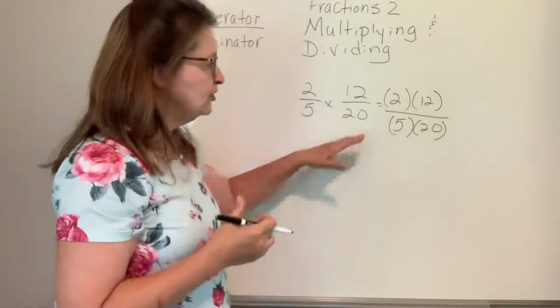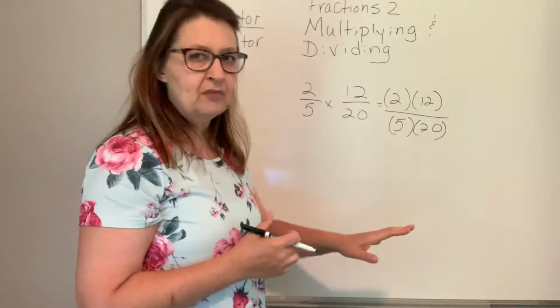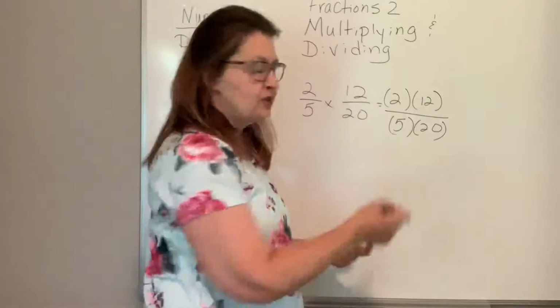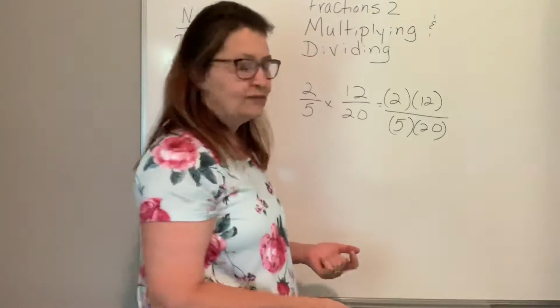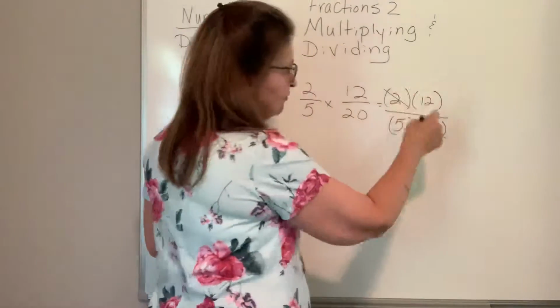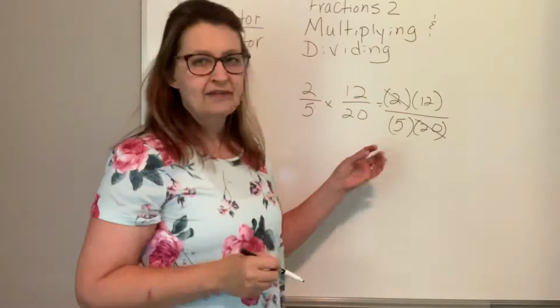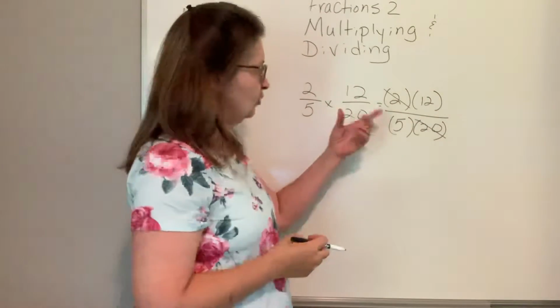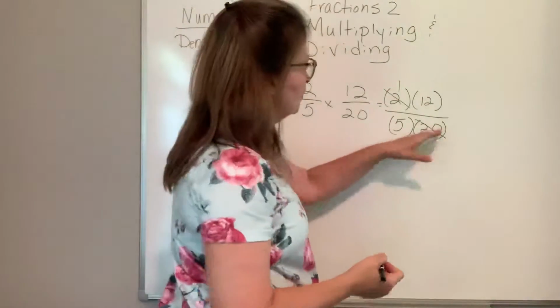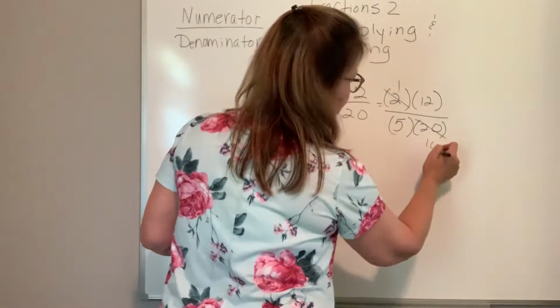You can also reduce any of these numbers. I can reduce the 2 with the 20 if I want to, or the 12 with the 20. Let me just start with the 2. If I take both of these numbers and I divide them by the same number, which will be 2, 2 divided by 2 would leave me with 1. 20 divided by 2 would leave me with 10.